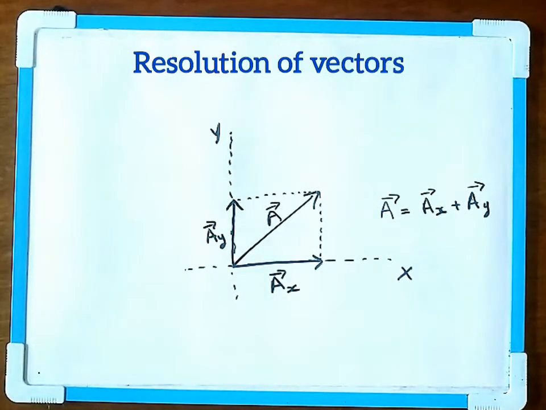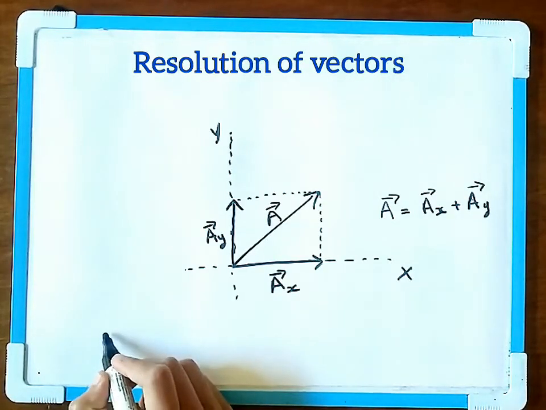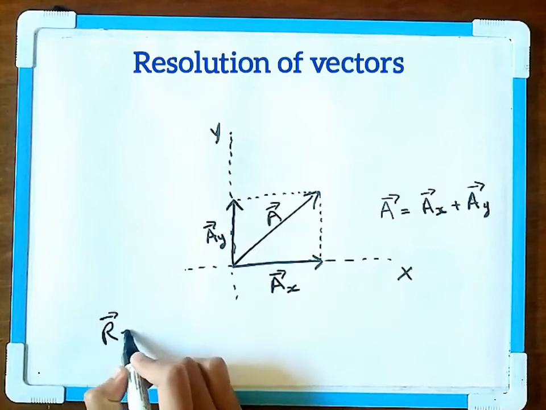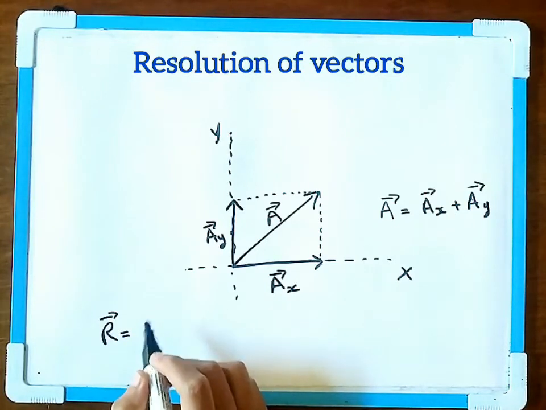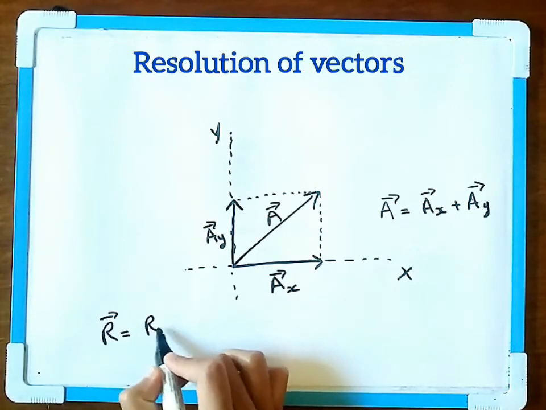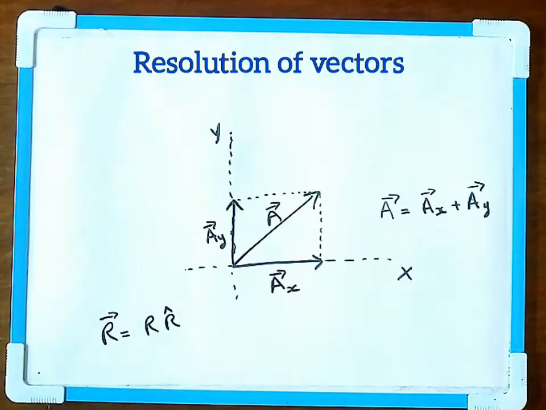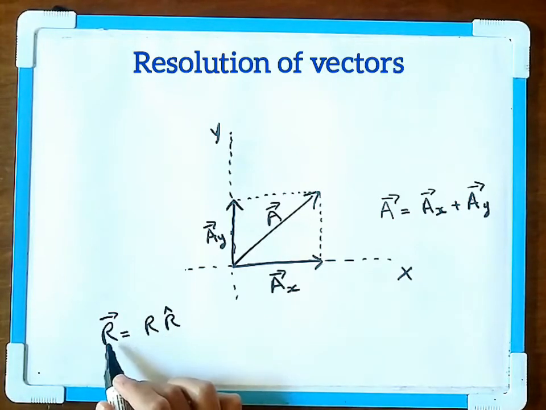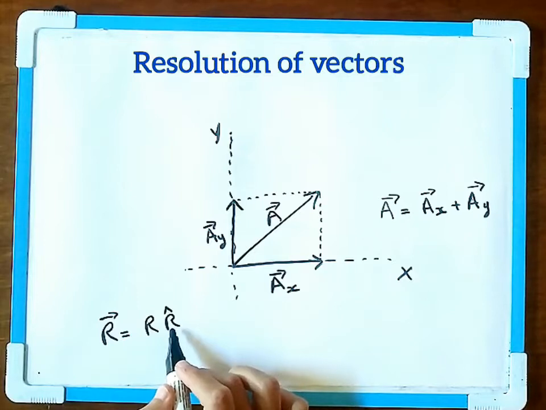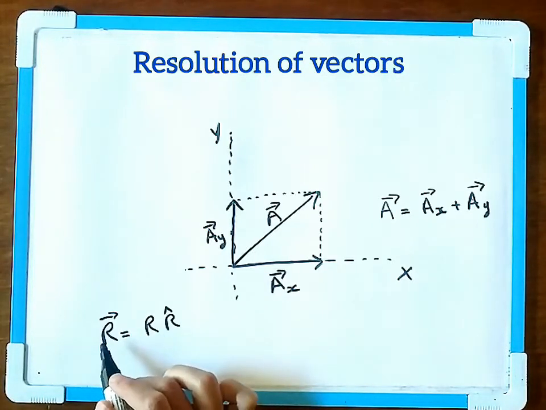Now we know that a vector can be denoted as magnitude and direction. We know that any vector, suppose R vector, can be written or denoted as R cap. R is the magnitude of this R vector, and R cap is a unit vector. It is the direction of this R vector.